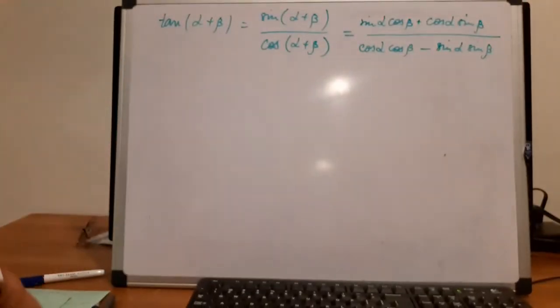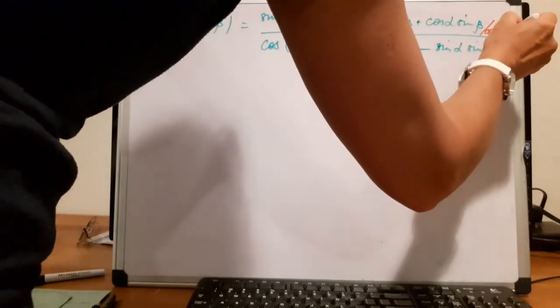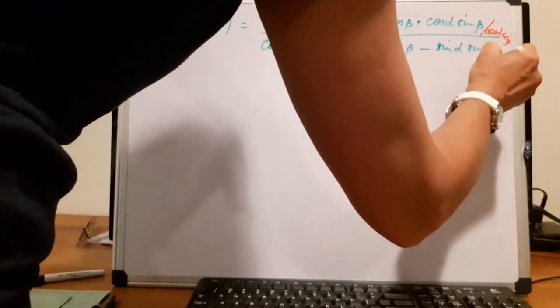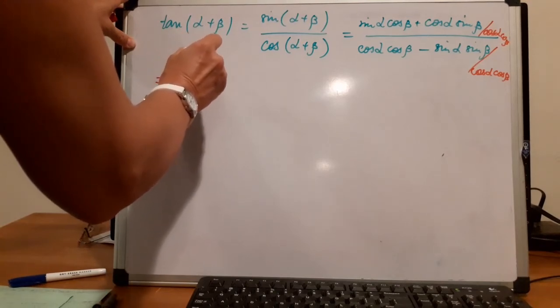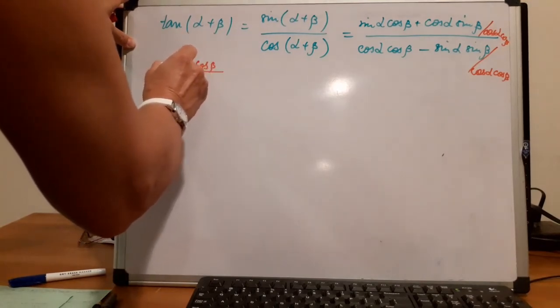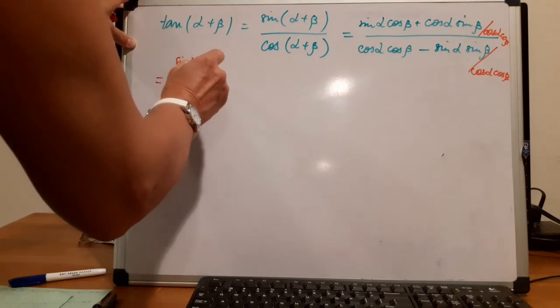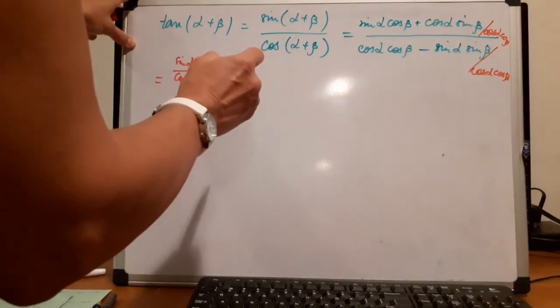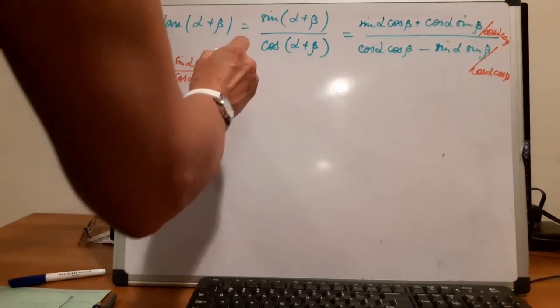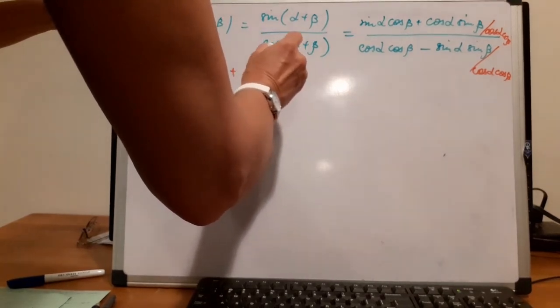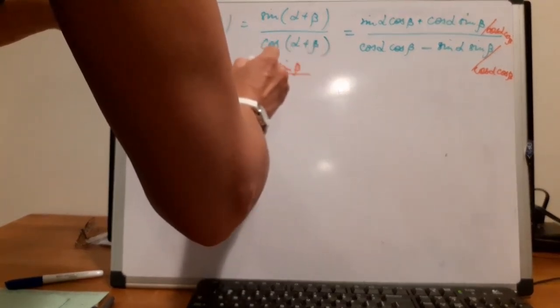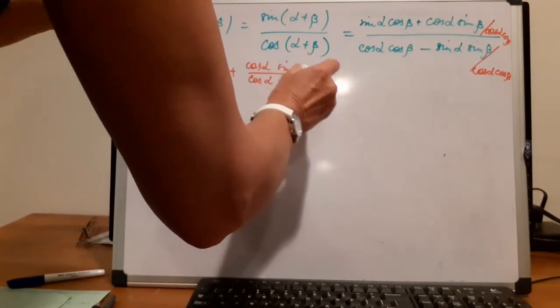Well, how do we simplify this formula? What I'm going to do, guys, is divide both numerator and denominator by cosine of alpha, cosine of beta. Let's see what I'm going to get. Sine of alpha, cosine of beta, divided by cosine of alpha, cosine of beta, plus cosine of alpha, sine of beta, divided over cosine of alpha, cosine of beta.